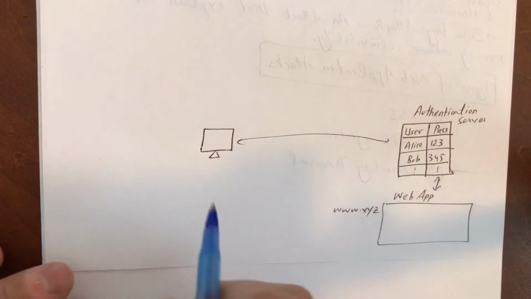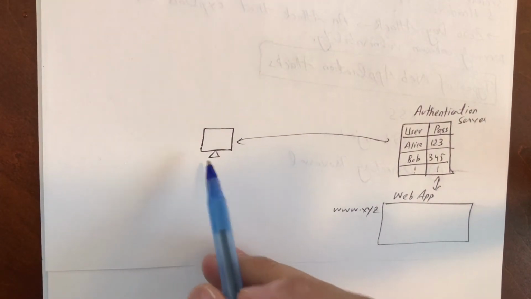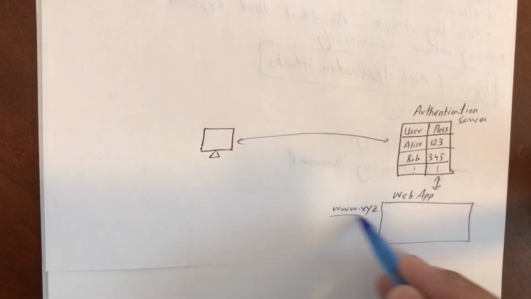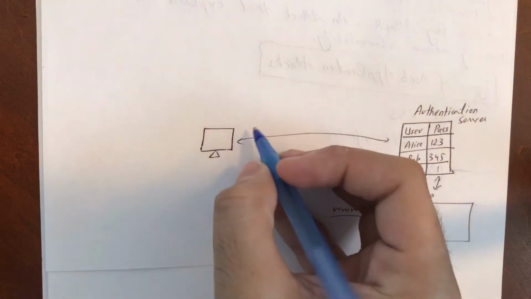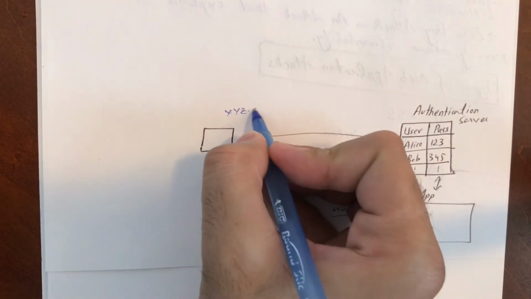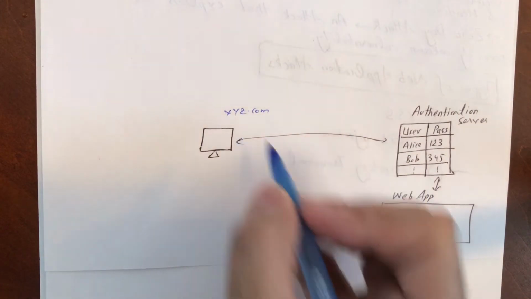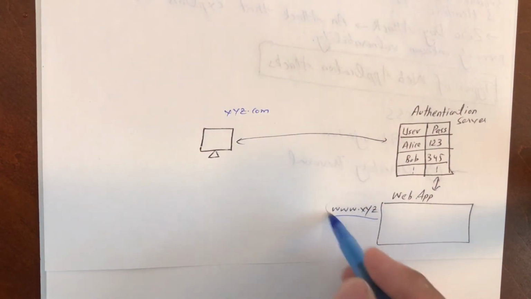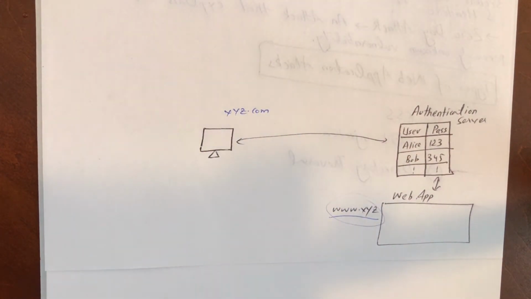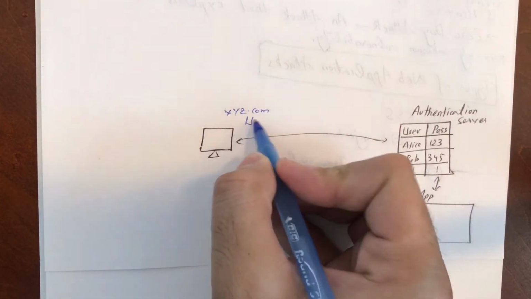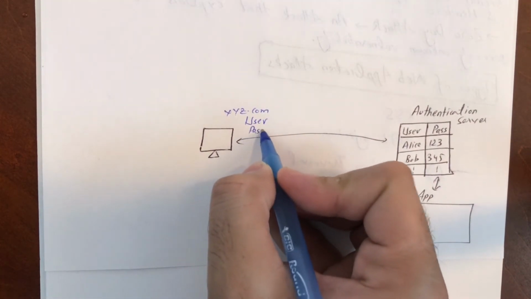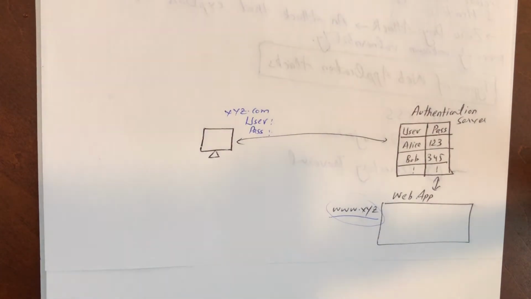Let's say this is a user, and this user wants to access a web application, say xyz.com. The user will type xyz.com, and if this website has some protected assets or protected access, there might be a username and password. So the user has to complete this form.